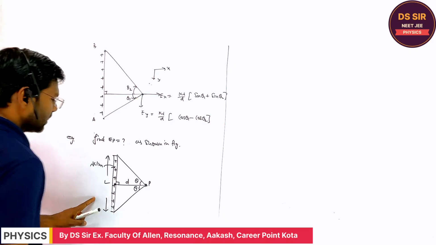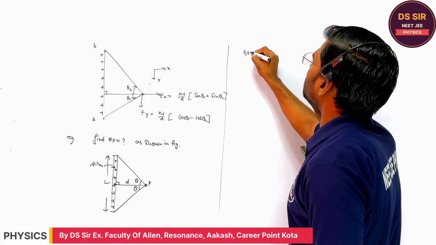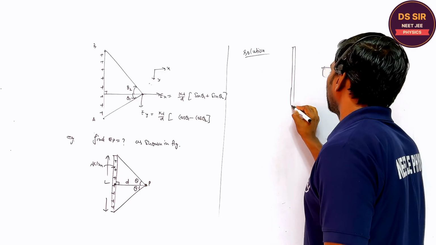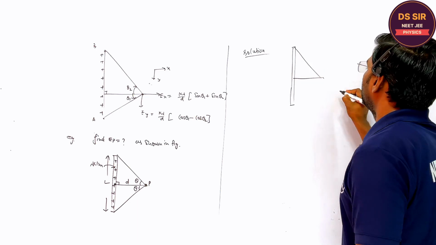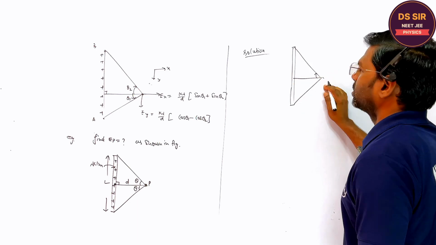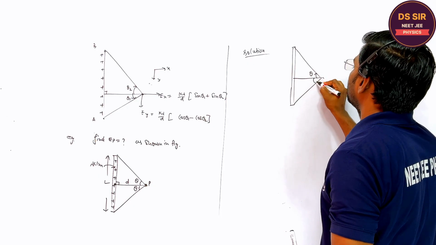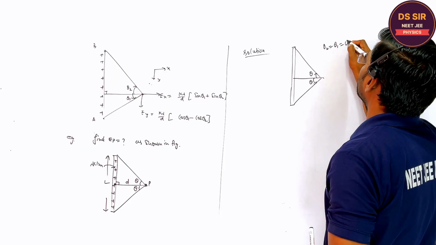If this is theta, also this is theta, this is the perpendicular bisector. So how to do that? Listen to one thing. In this case, I'm writing the solution this side, or you may copy in one figure only. If this is theta 2 and this is theta 1, then theta 2 and theta 1 are equal to theta.